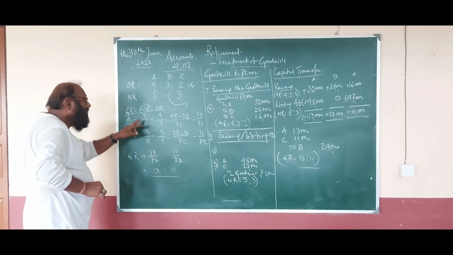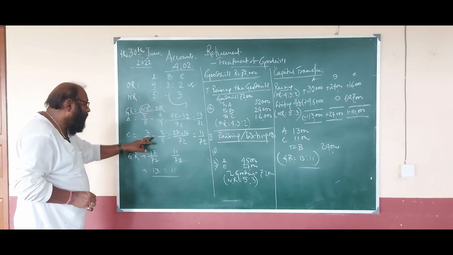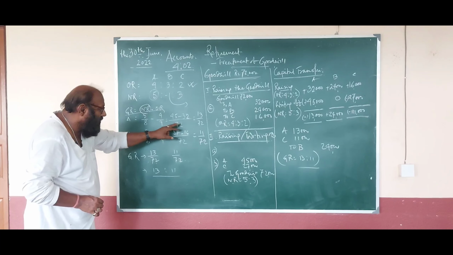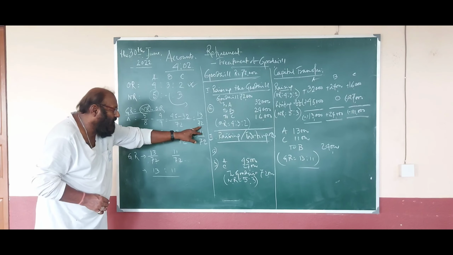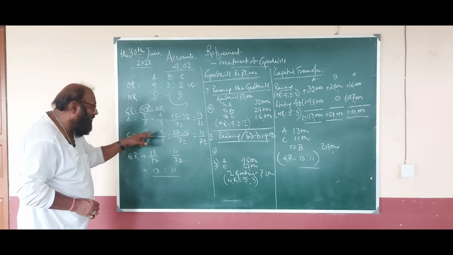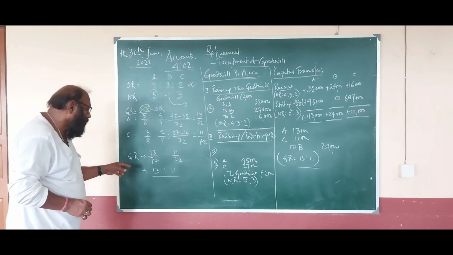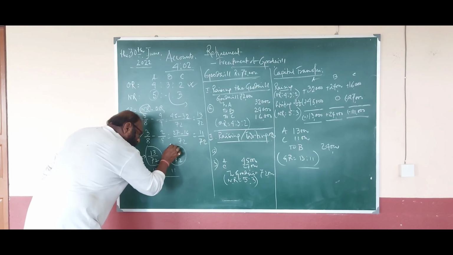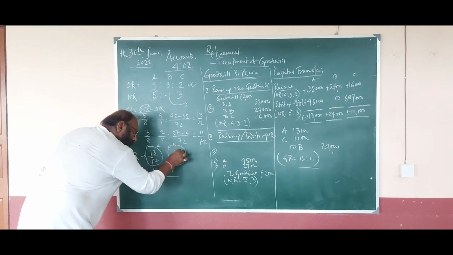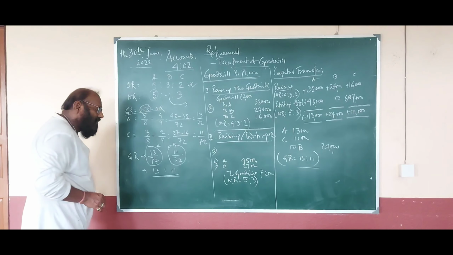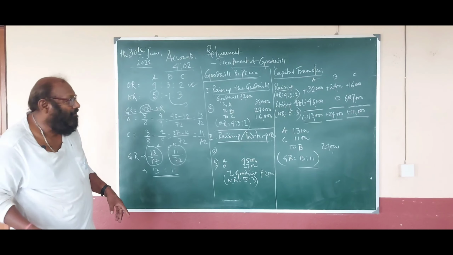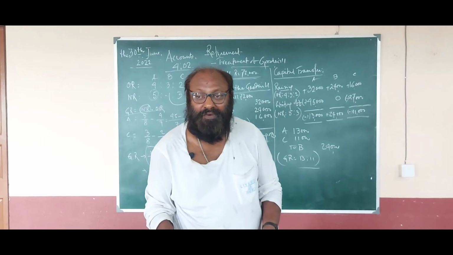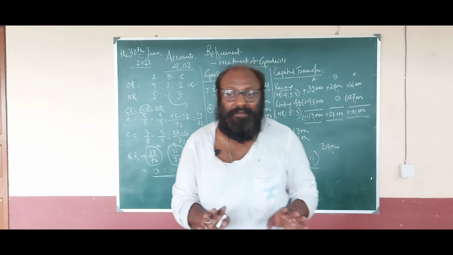In case of C, the new share is 3/8, and the old share is 2/9. So you subtract, it is 13/72 for A, and for C it is 11/72. So the gaining ratio is 13:11. So that is the total treatment of goodwill in case of retirement of a partner.